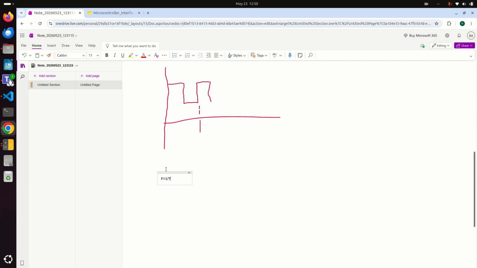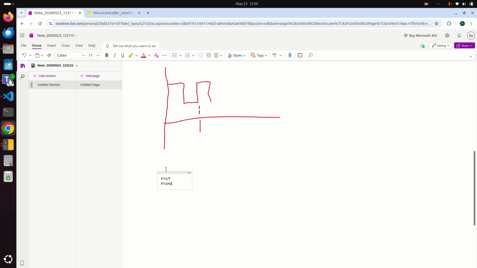F is frequency, T means time period. Here how much is the time period? 1 second. 1 divided by 1 is how much? 1 hertz. So if you connect the LED to this line, you will see the toggling. You will get fluctuating output.